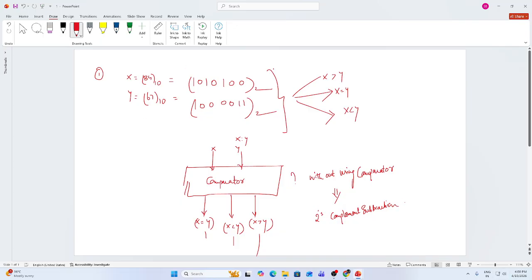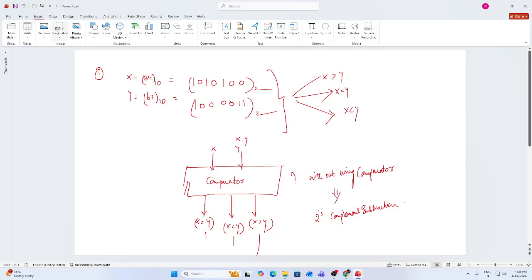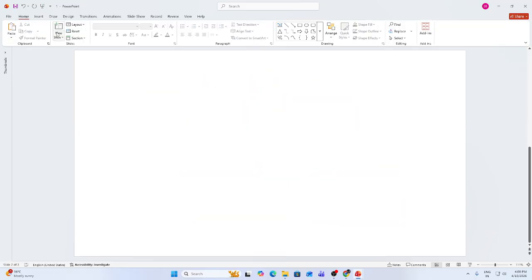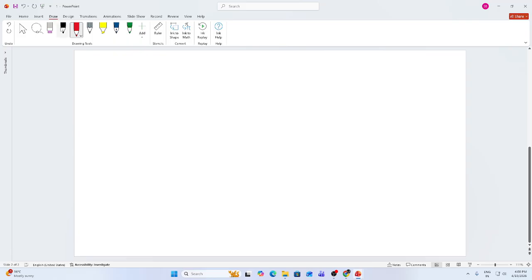For example, take the same numbers: x equal to 1010100, which is equivalent to 84 in decimal. Similarly, y equal to 1000011, which is equivalent to 67 in decimal.